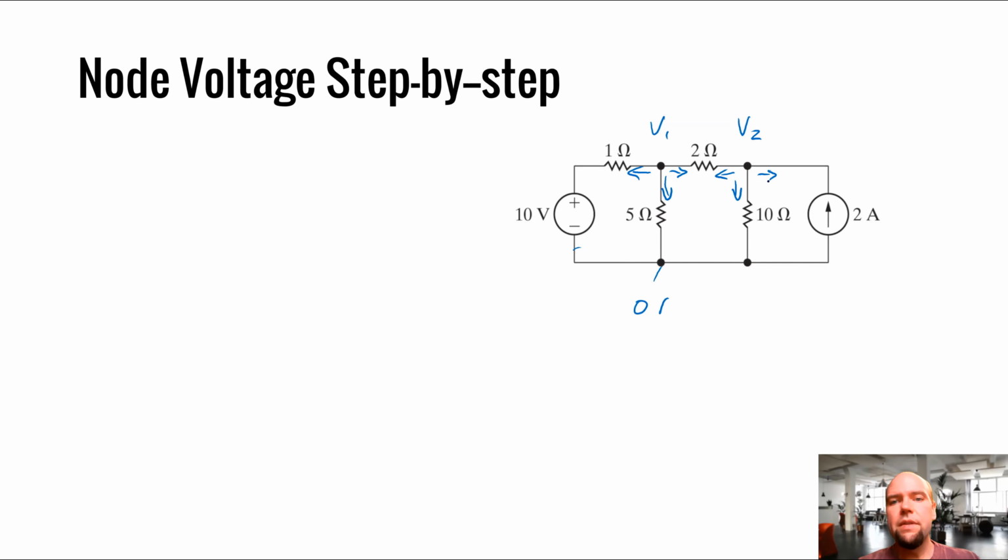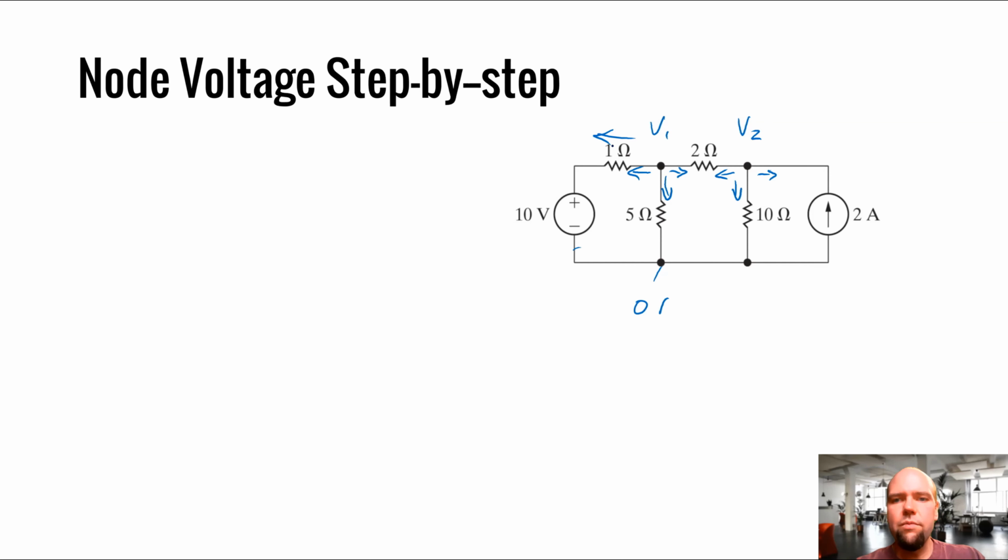So let's do it. This is really important to pay attention to because we're going to start to play a little loose with how we use voltage here. If I'm looking at the current flowing this way, that's the current through the 1 ohm resistor. What is the current through that 1 ohm resistor?